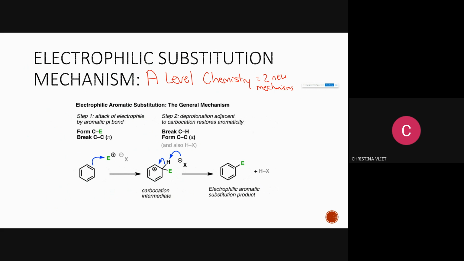It's called electrophilic substitution. Now, you're going to see it says here, because I picked this up from an American resource, electrophilic aromatic substitution, because that's actually how I learned it as well, because it's an aromatic compound that this happens to. But for Cambridge, you only need to call it electrophilic substitution.